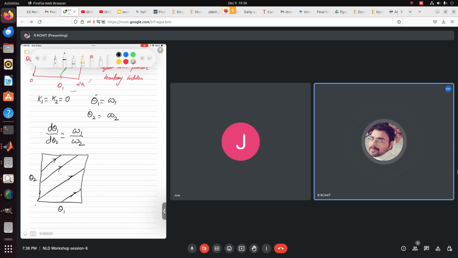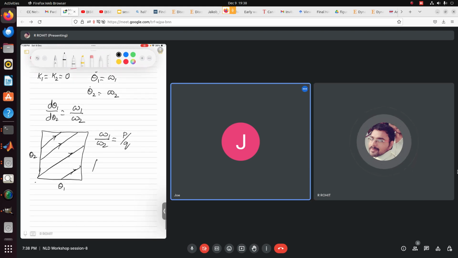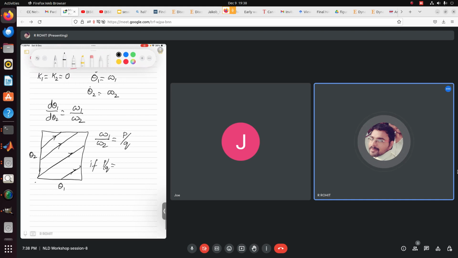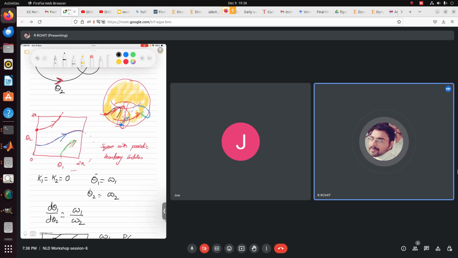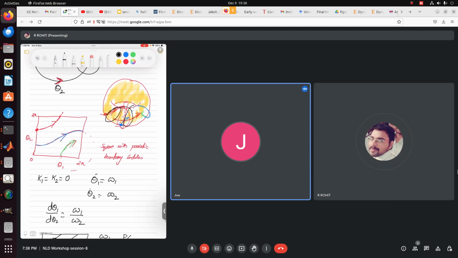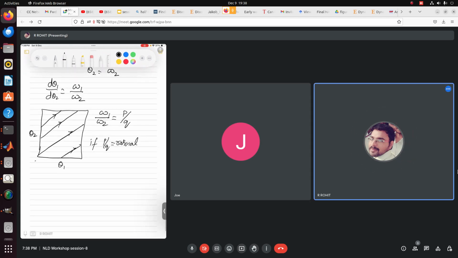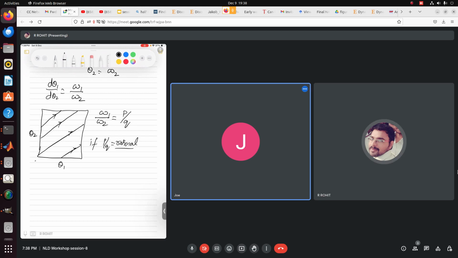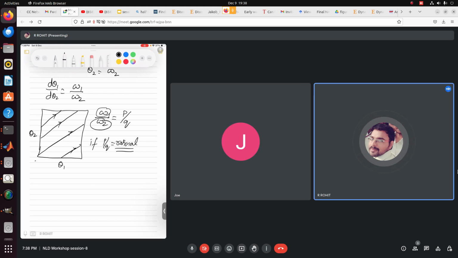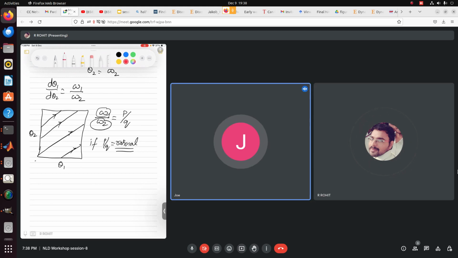So when this omega 1 by omega 2, say now written in numerator by denominator form, P by Q, is a rational number, then we can say that all the trajectories are closed orbits on the torus. That means they follow one circle, and they come back, and it goes like this. So it moves in these closed orbits. This is the condition when your P by Q is a rational number, that is, when your frequencies omega 1 by omega 2 give a rational number, you can claim this condition.